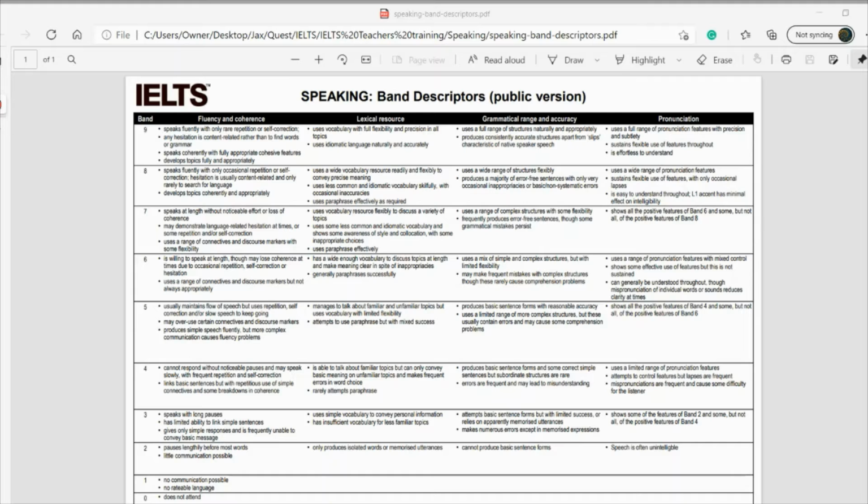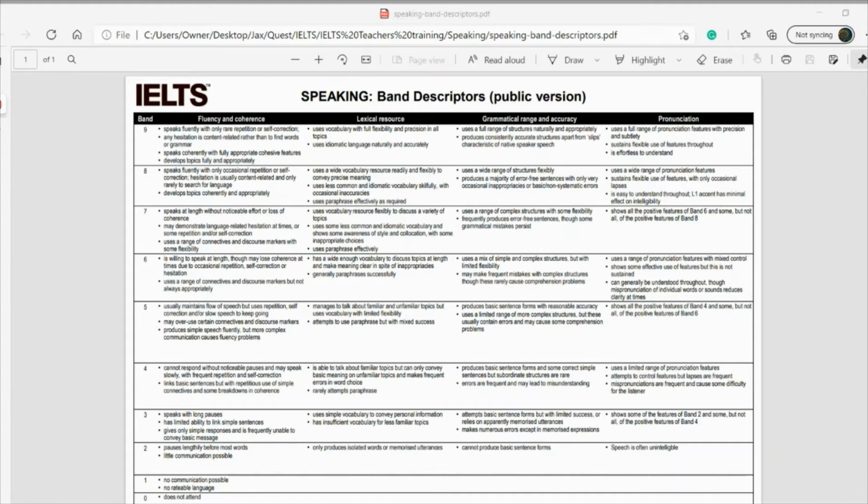This refers to the ability to talk with normal levels of continuity, meaning that you can talk at length at a very comfortable pace.